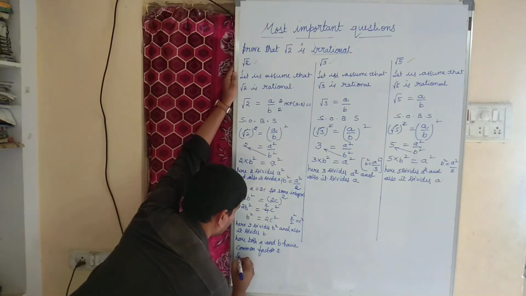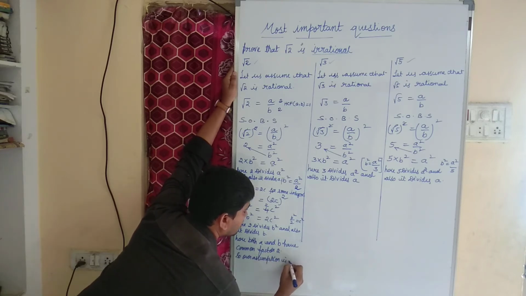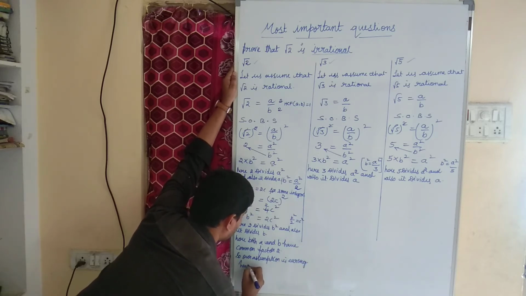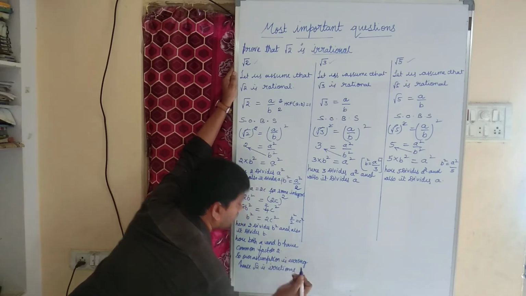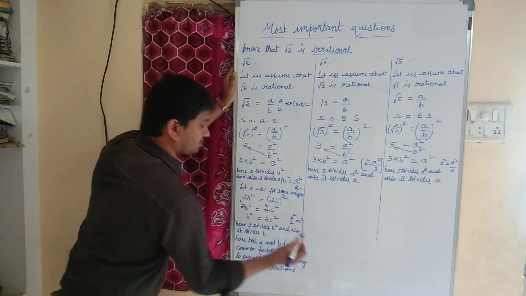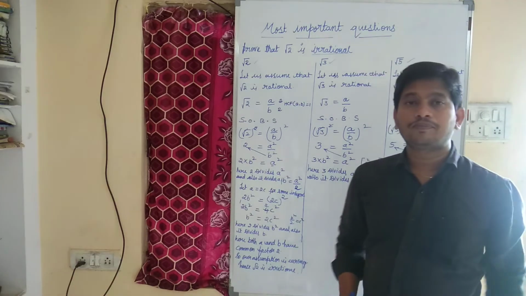So our assumption is wrong. Hence root 2 is irrational. Is it clear, children? Why is our assumption wrong?